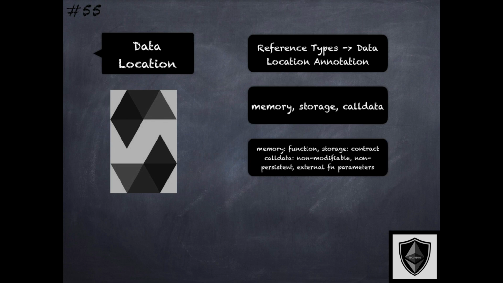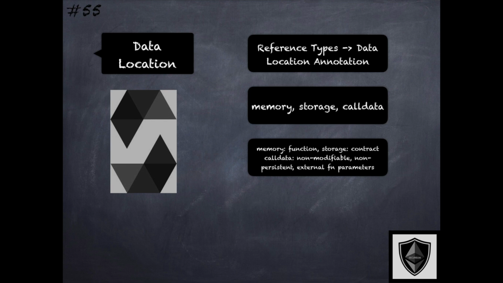Memory indicates that the lifetime is limited to that external function call. Storage location indicates that the lifetime extends to that whole contract, and this is also the location where state variables are stored, if you recall. Call data is a non-modifiable, non-persistent area where function arguments are stored.